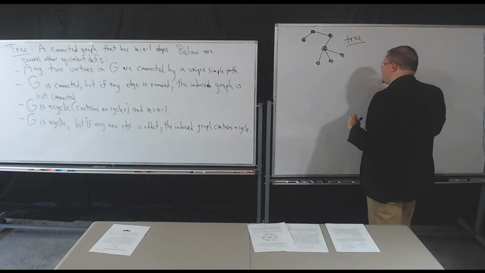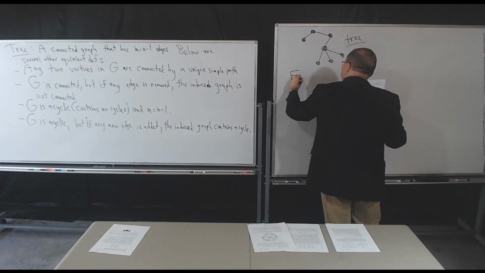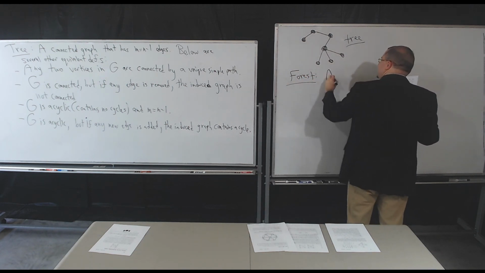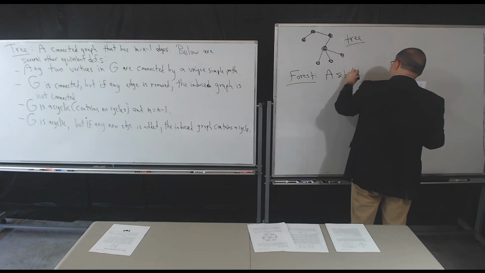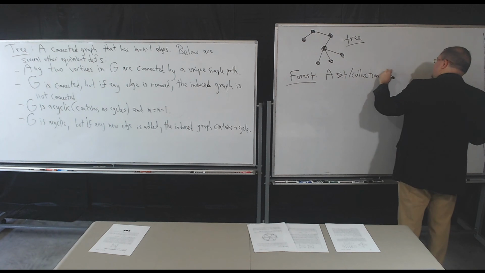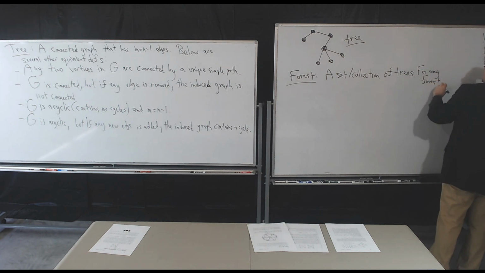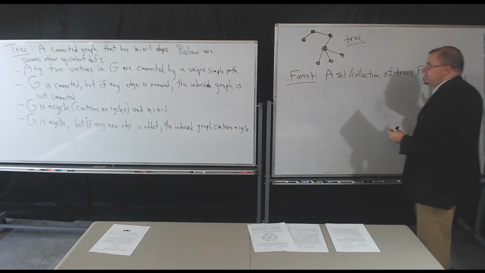You might naturally ask, if I give you several trees, what is that called? A forest. It's a set or collection of trees. I should note that for any forest, you should know that the following property holds: the number of edges is always less than or equal to the number of vertices minus 1.